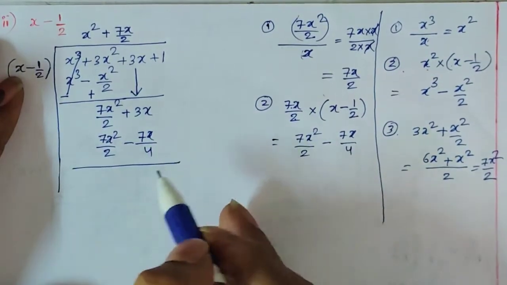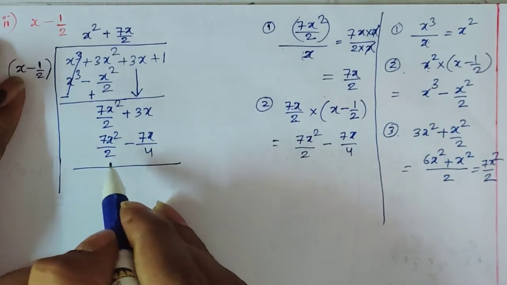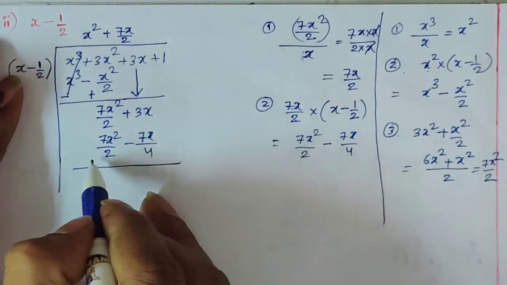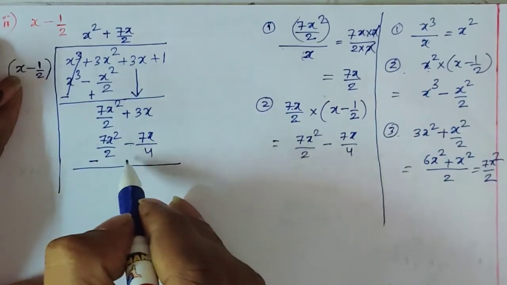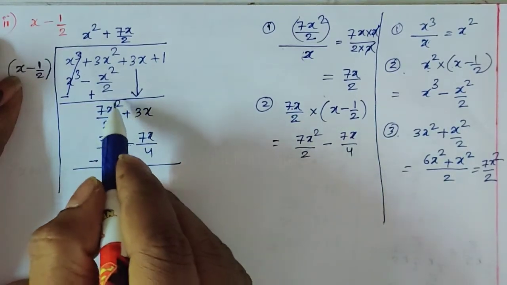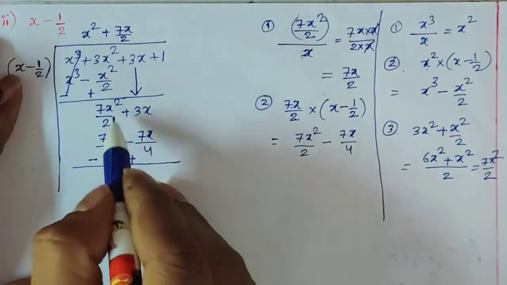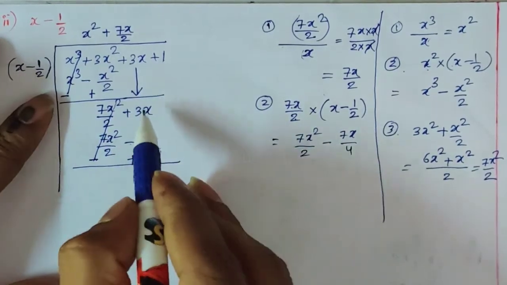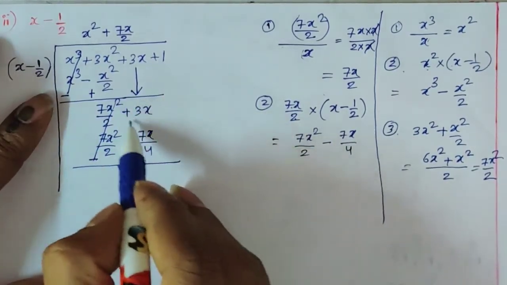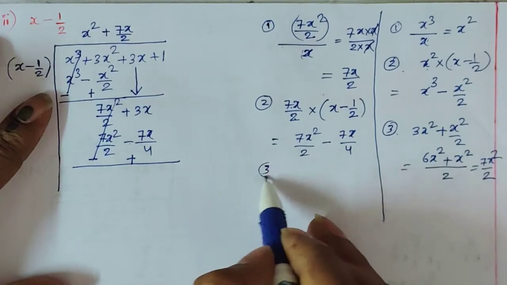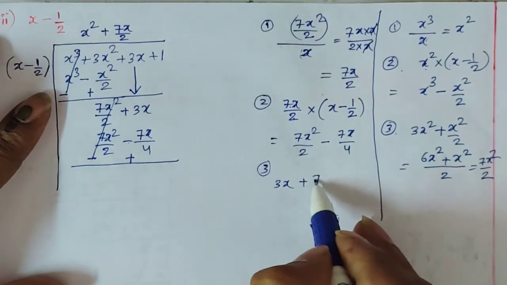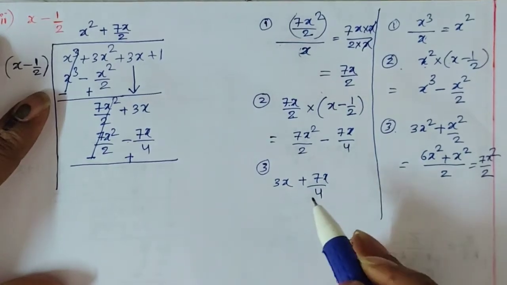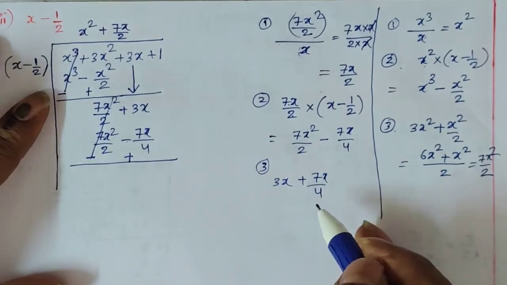So this is time for subtraction. Before subtracting you need to change the signs. Plus 7x square by 2 will become minus, this minus will become plus. These two, this is positive 1, this is negative 1, both get cancelled. So how much are you left with? You got 3x here, so write 3x, and here plus 7x by 4, right?